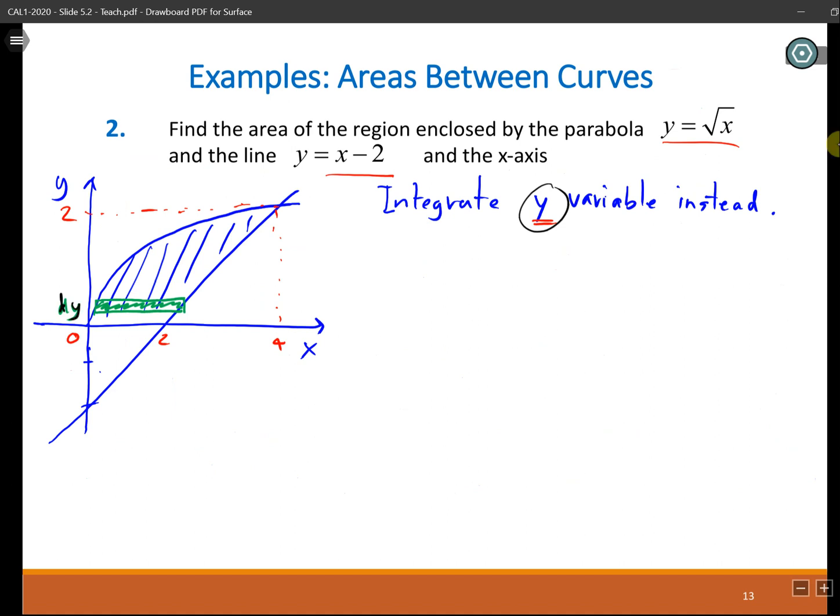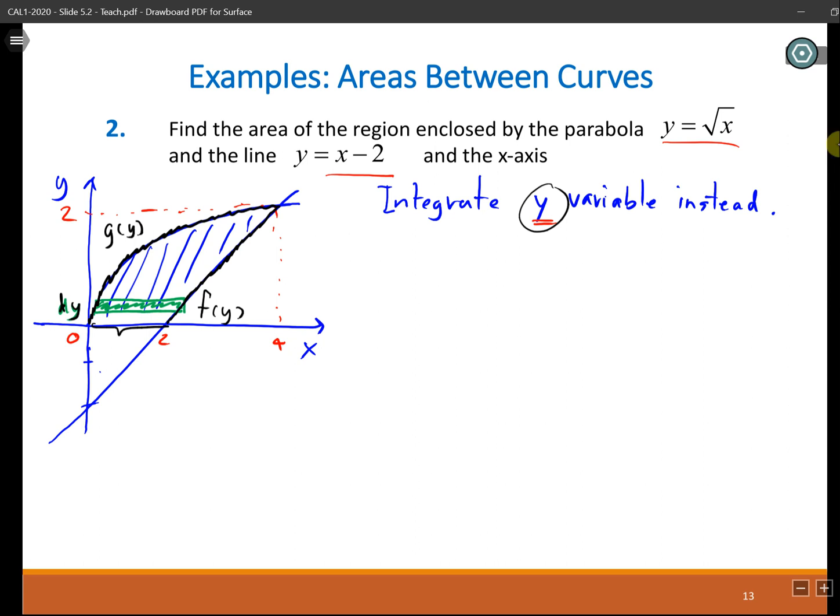And what about the width of this rectangle? It's going to be the distance between the two lines. All right, so let me put this right here. I'm going to define this line on the right hand side as fy. Focus on the words right hand side. And this on the left hand side is going to be gy.